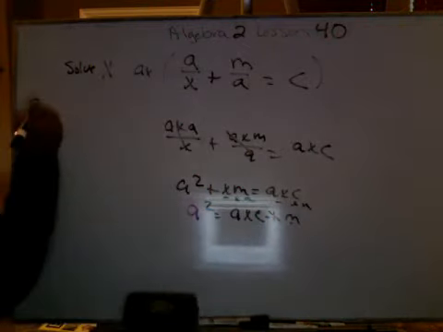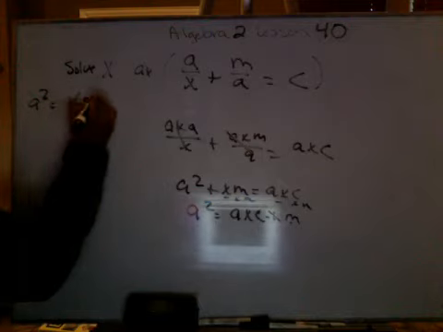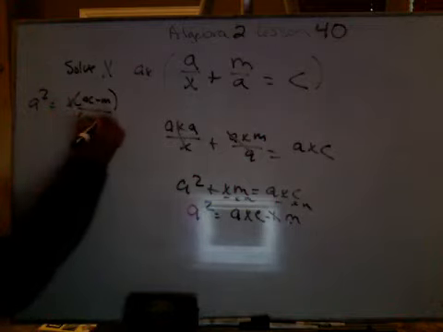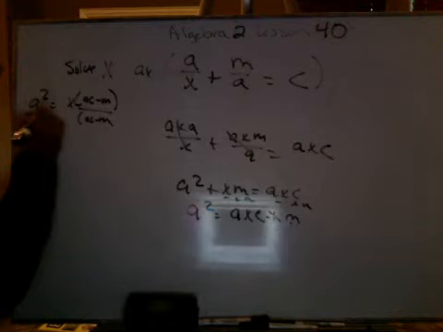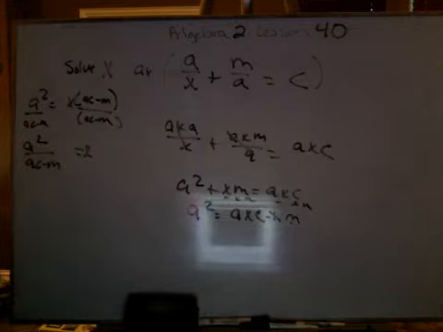I'm going to rewrite it here: a squared equals x times (ac minus m). Well, now I can divide everything by ac minus m. So x is equal to a squared over ac minus m. And that is your answer.